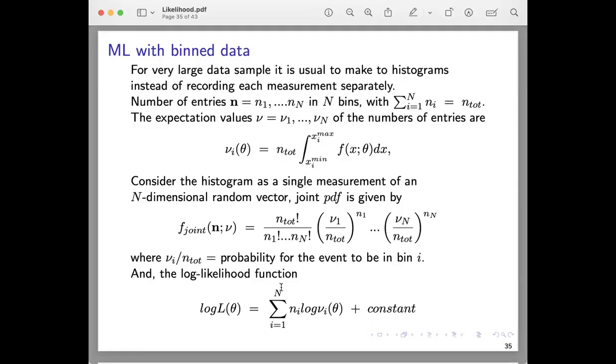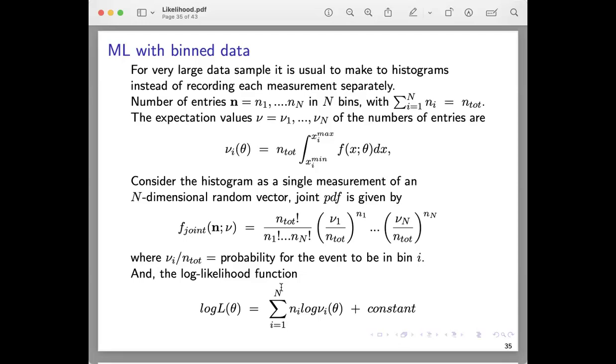Doing it event by event for such a large data sample may be time consuming and slow, so it is easier to make histograms and then fit to the binned data.